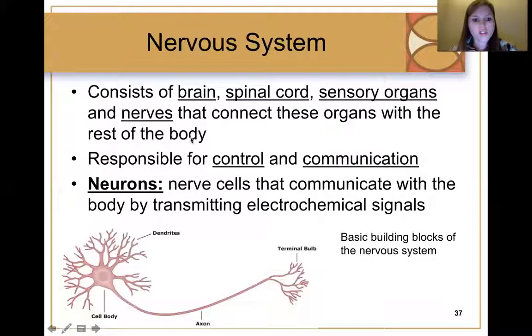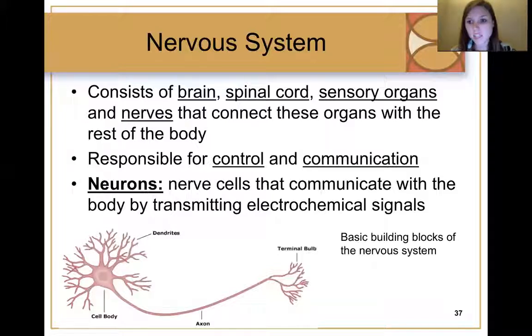The two main functions of the nervous system are control and communication. So the two C's. They control things that are going on in the body, and then they communicate with other organs. The neurons are what we call the nerve cells.